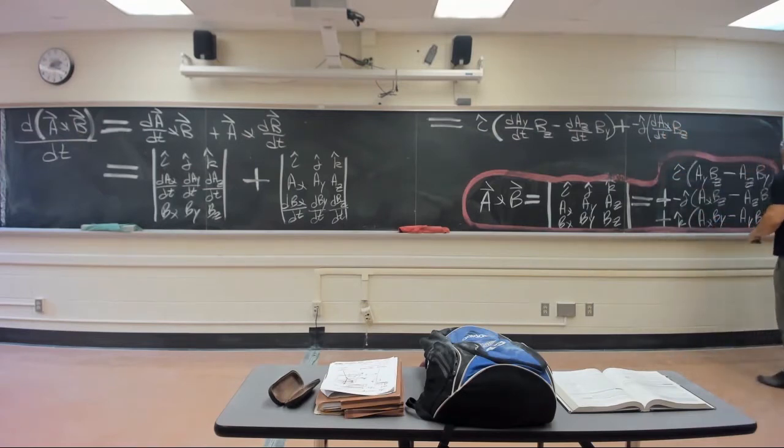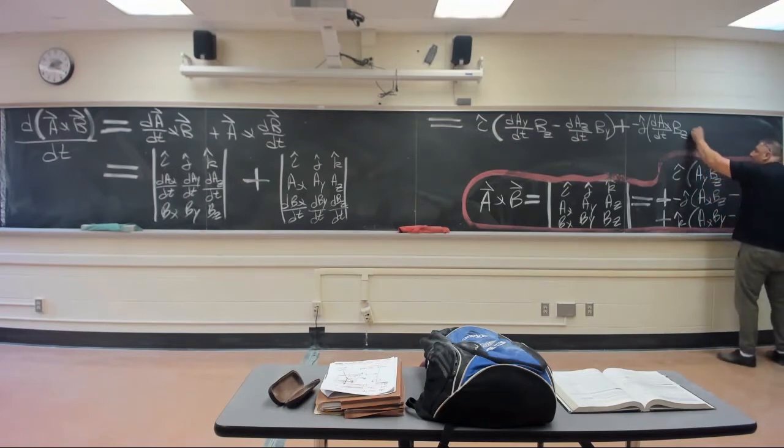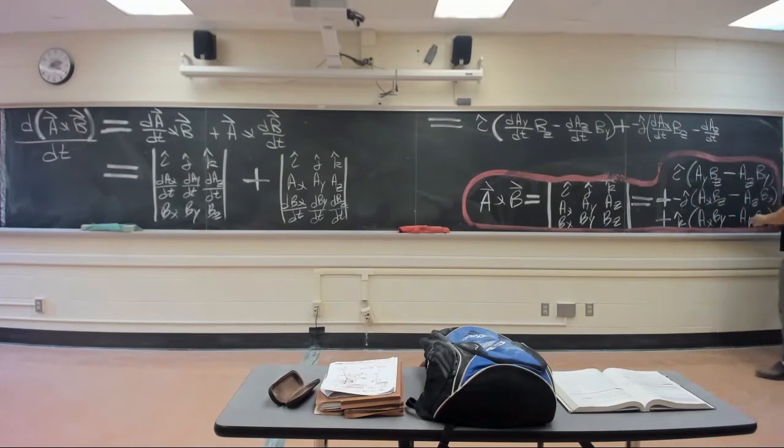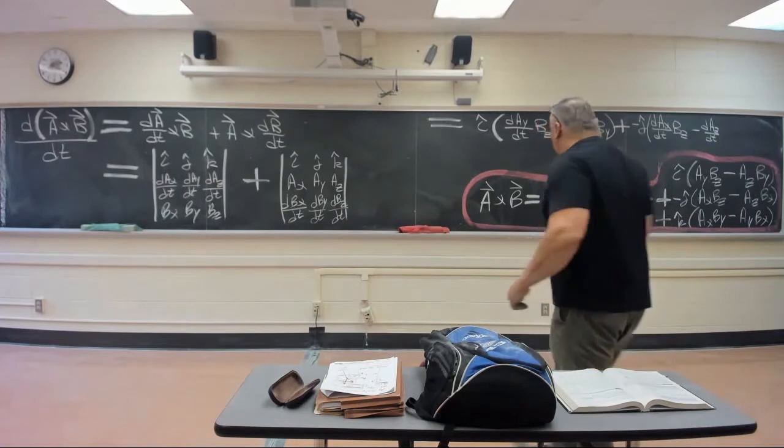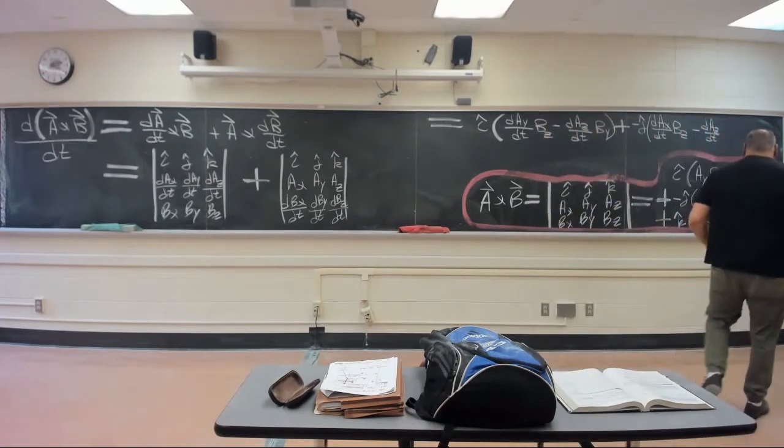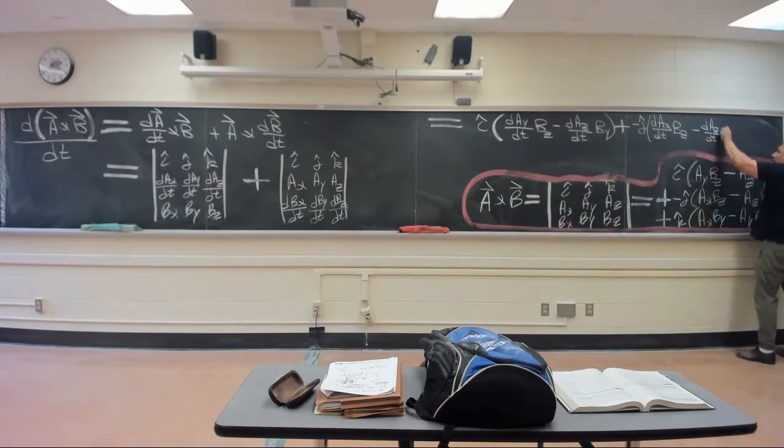Bz. This stuff is easier to at least see as a format. dAz dt. And again, all of these are functions of t, guys, so it's not an issue there. There it is.